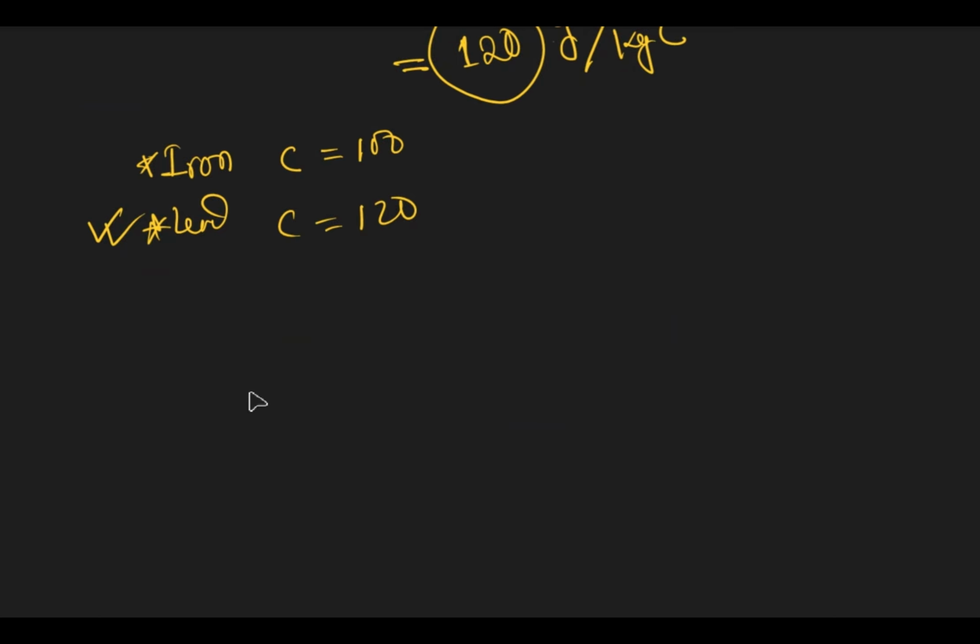Anyways, now let's solve the problem for part B. The mass of water is 0.4 kg.